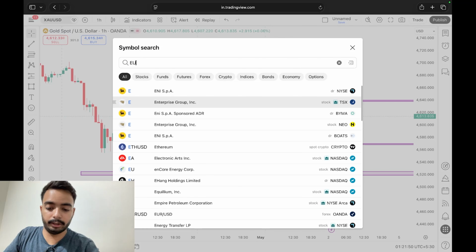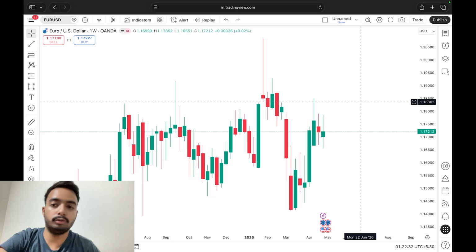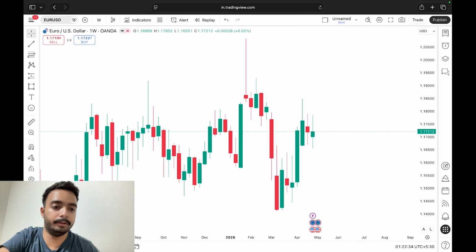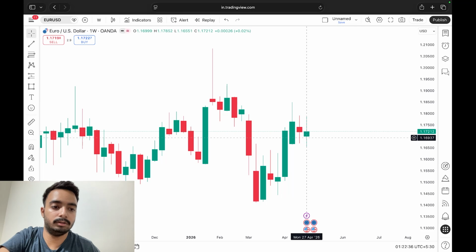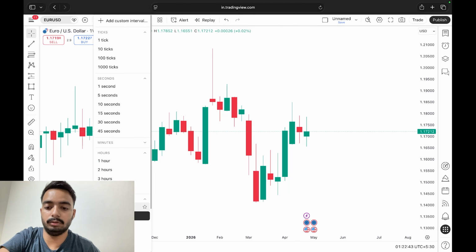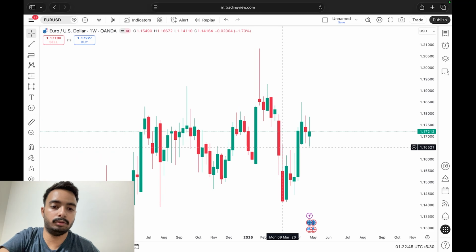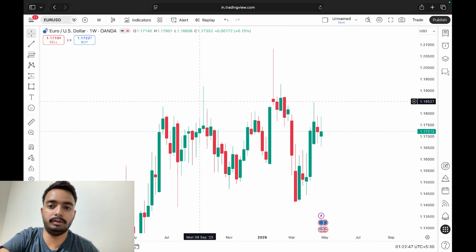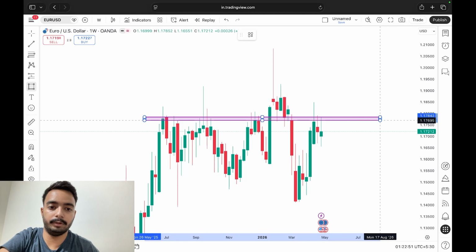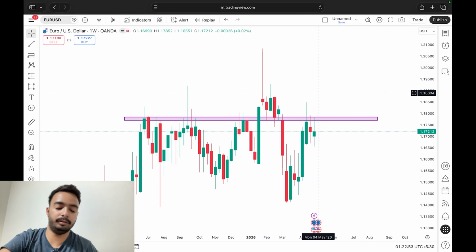Now we will analyze Euro USD. Switching to Euro USD on the weekly time frame, we see the last week candle closing as bullish. It is also near the resistance zone on this time frame, so this also shows indecision.